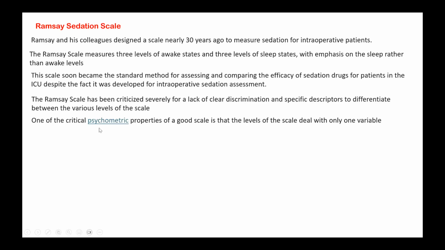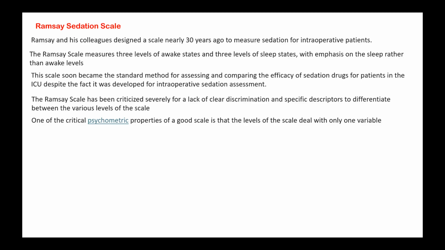And it is one of the critical psychometric properties of a good scale that the levels of the scale deal with only one variable. So if you see in the first category earlier, it says the patient is awake, but he is either agitated or calm. So all the variables are given. That should not be the quality of a good scale to assess. It should say patient is calm or agitated.